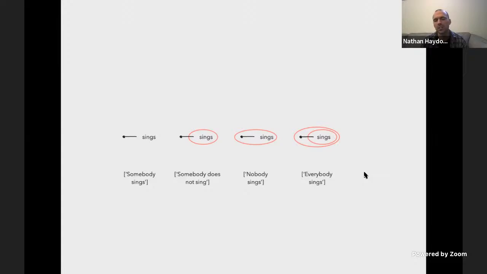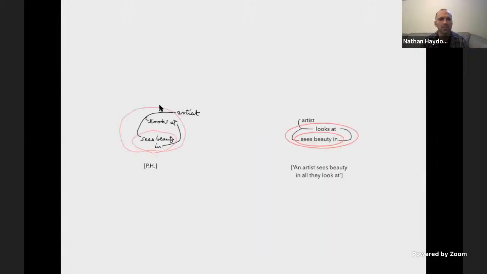So now with this, we can generate quite complicated expressions. Here's another nice one. This is again in Peirce's hand on the left, or my duplicate of an expression in Peirce's hand, and a version on the right. So the way to read this, we have some artist, and everything that they look at, they see beauty in.